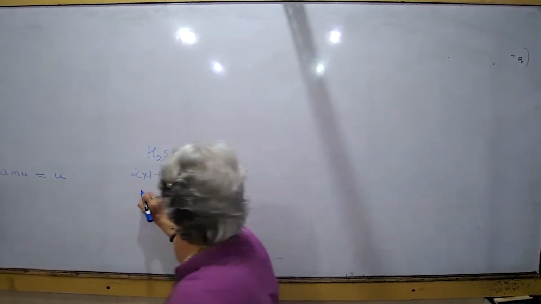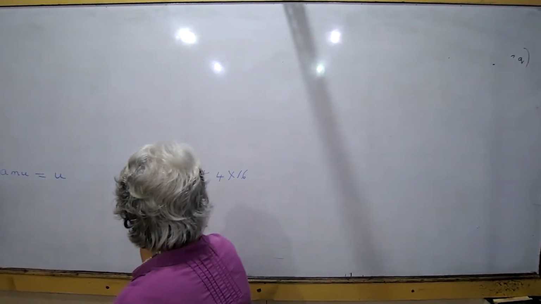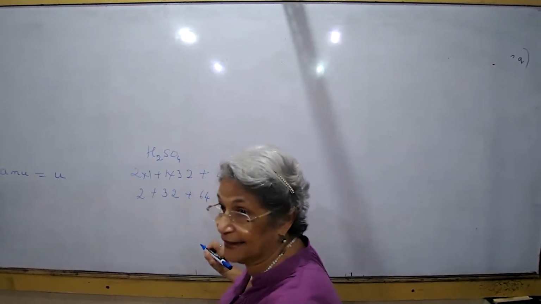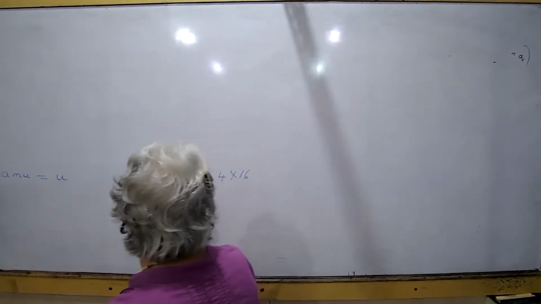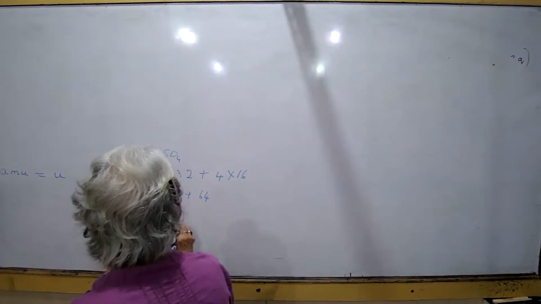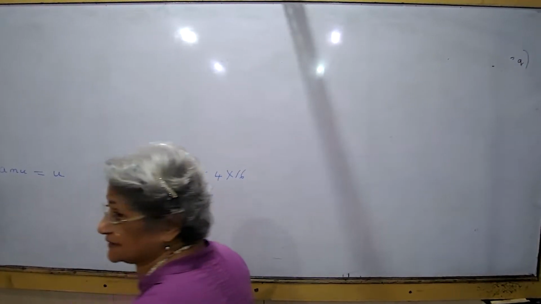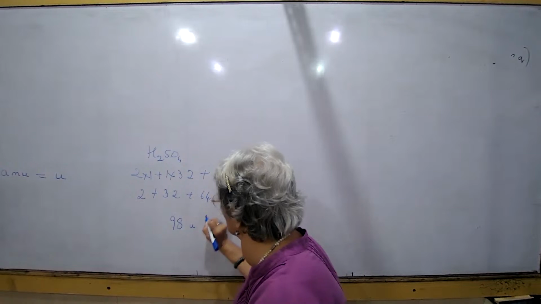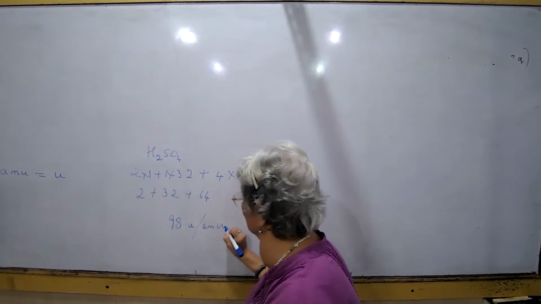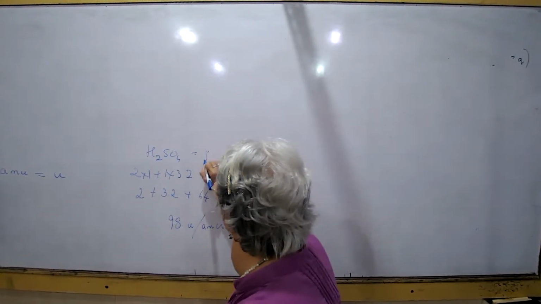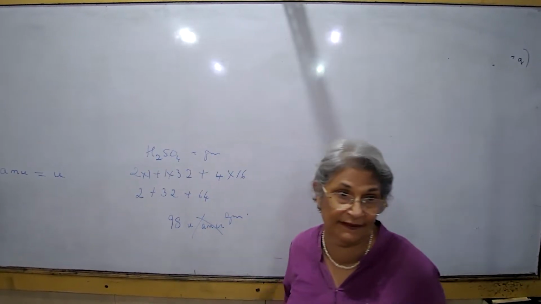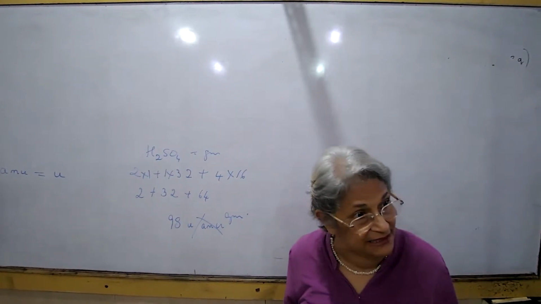So that means 2 plus 32 plus 16 fours are 64. Correct? That means how much do I get? 4, 5, 6, 7, 8, 98. Correct? 98. So 98 will be U or AMU. And if I say give it to me in grams, then it will be grams. Correct? Is this clear, all of you?